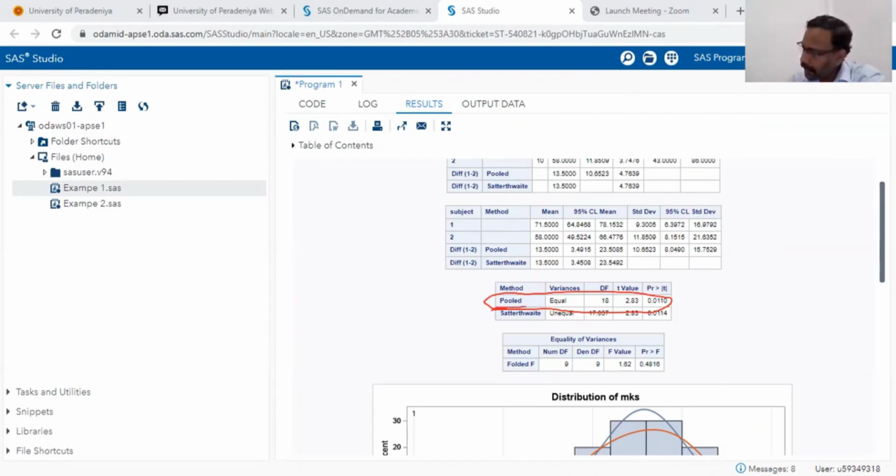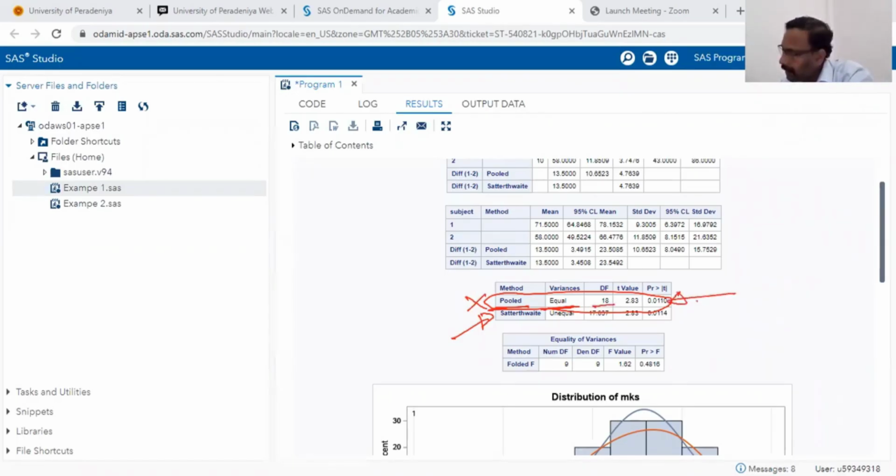So we want to look at the pooled t-test, assuming equal variance. If there's not equal variance, then we cannot look at this pooled variance. We'll have to look at Satterthwaite's test, right? So here our variance is equal, so that we can look at this line, right?